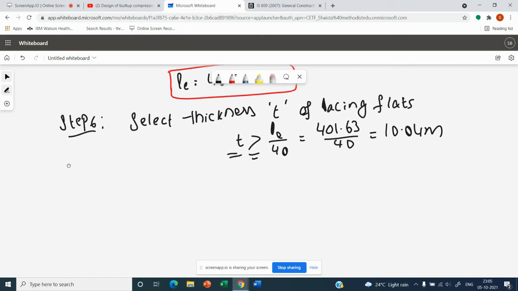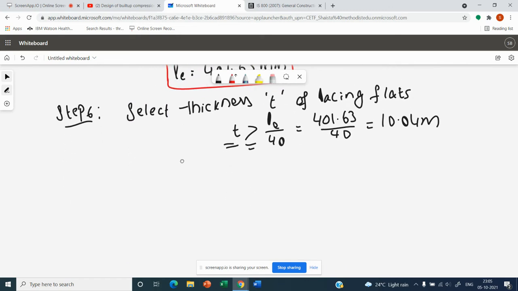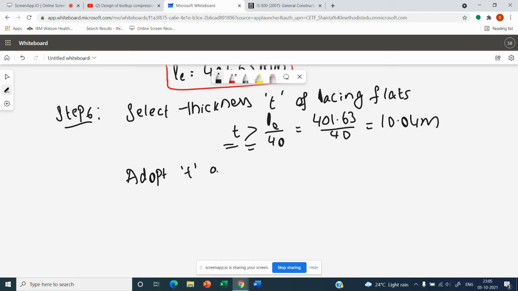Minimum is 10.04. So you can adopt as per your convenience. You can adopt more than what you got. So adopt, or you can say provide, anything you can say. Adopt t as 12 mm. The thickness of the flat plate is 12 mm.